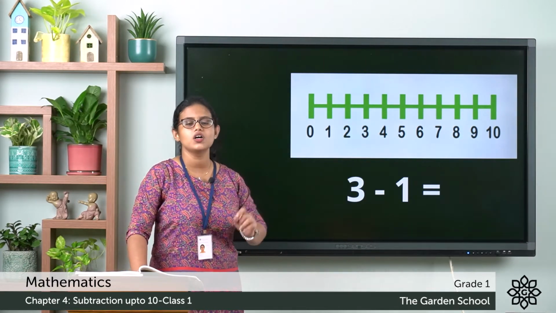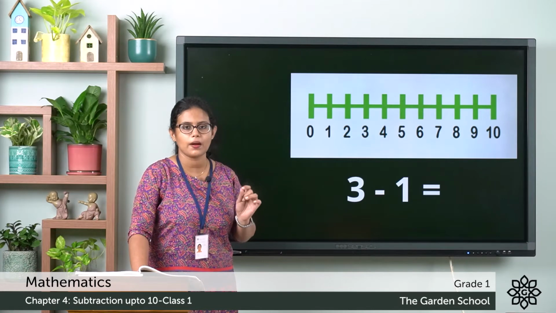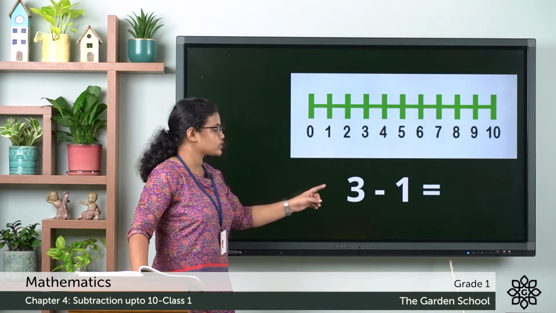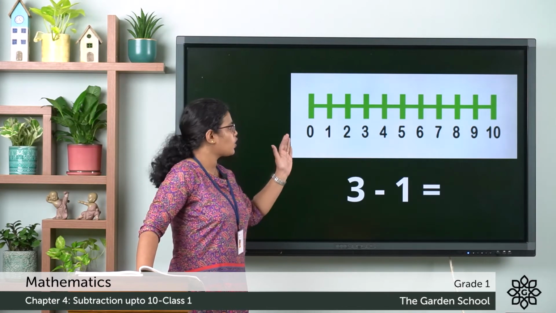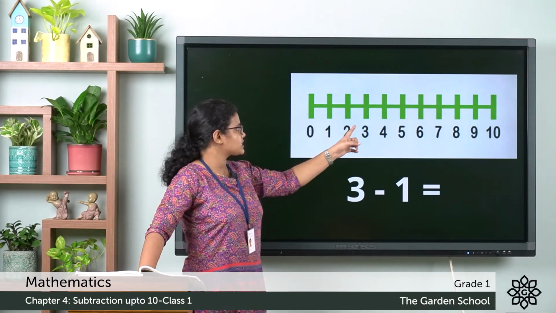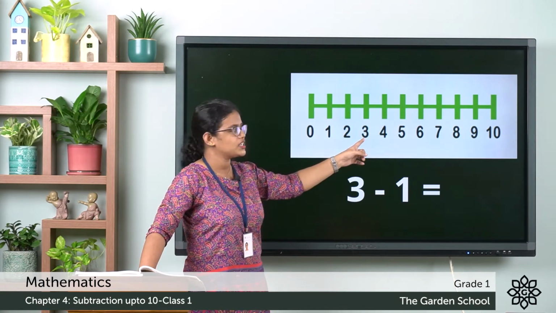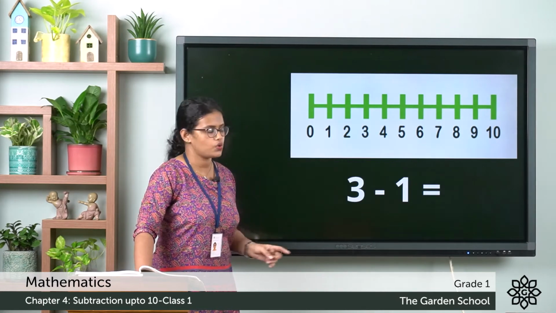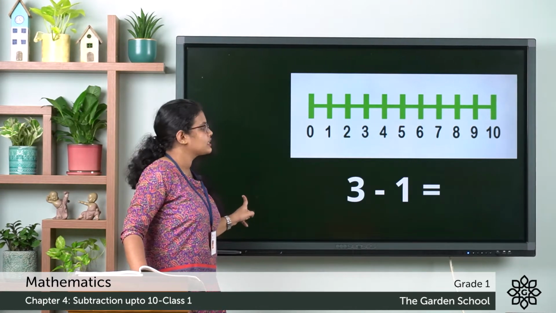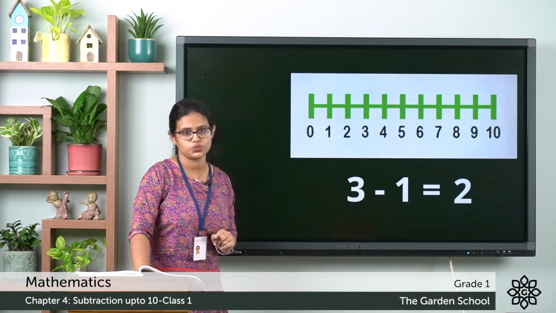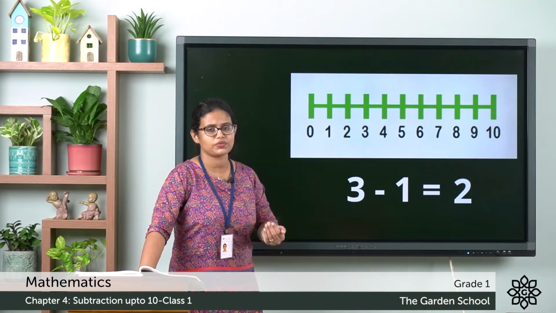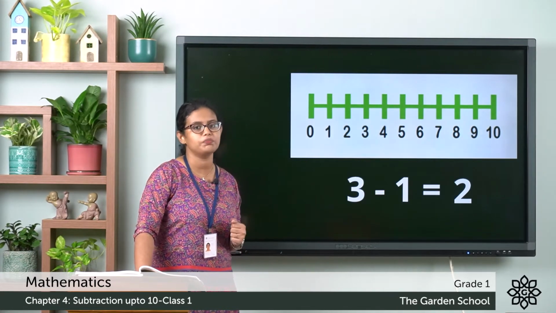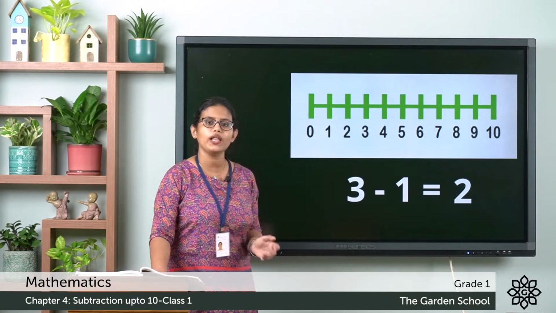So which number comes before 3? Number 3 is here. So which number comes before 3? It is 2. So 3 minus 1 equal 2.